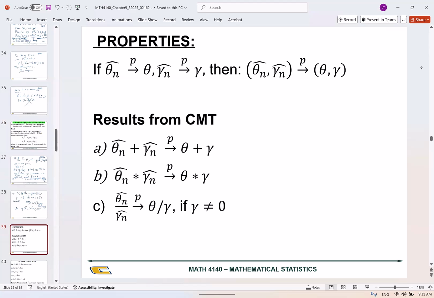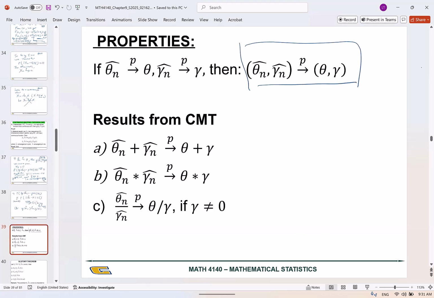some properties here. First, there is one other important property which tells that if you have theta n hat, an estimator, converging to theta, and gamma n hat converging to gamma, both converging in probability, then the pair also converges jointly in probability.